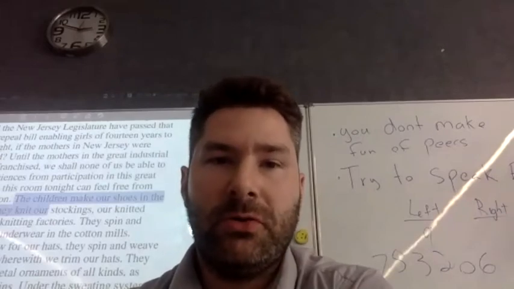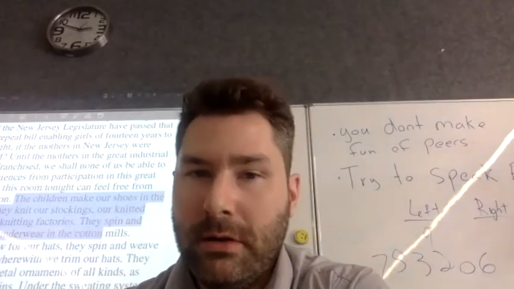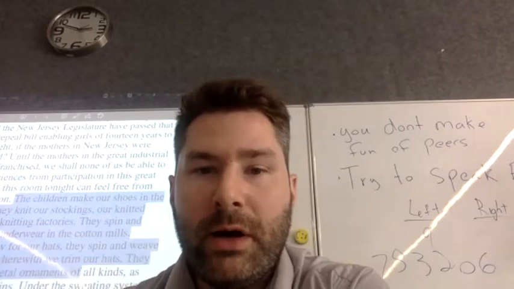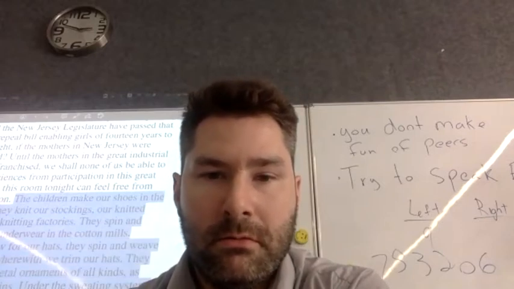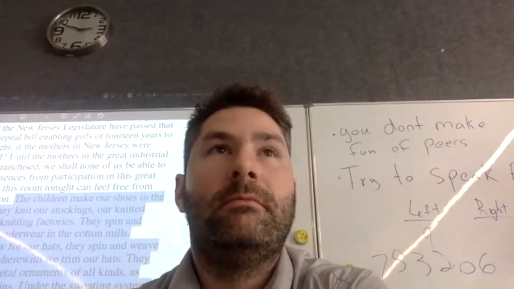"Children make our shoes in the shoe factories, knit our stockings, our knitted underwear in the knitting factories. They spin and weave cotton in the cotton mills." And why does she go on listing all these things? In what way? Yes. She's appealing to pathos by expressing every single thing that they would be wearing at this time.